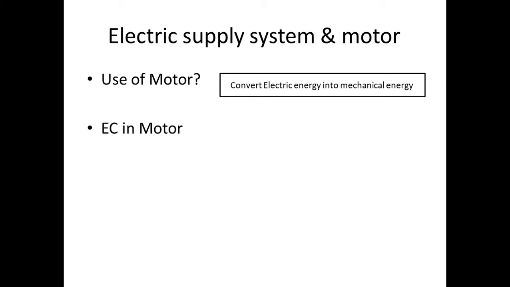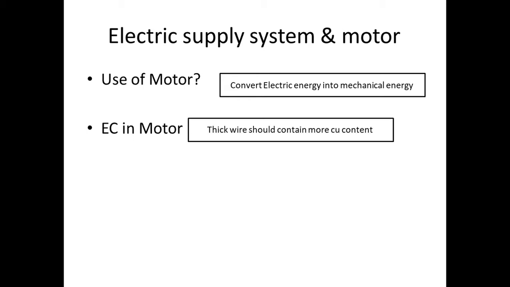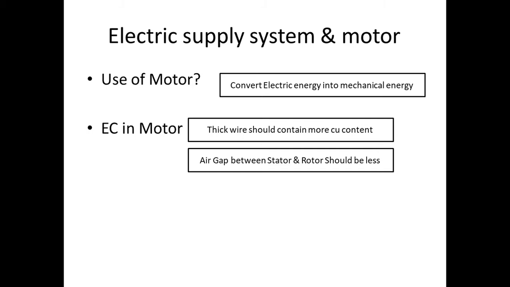The purpose of studying the motor in this subject is that we can conserve energy in this device. And how can we do that? By using thick wire that contains more copper content, the losses in terms of energy will decrease.